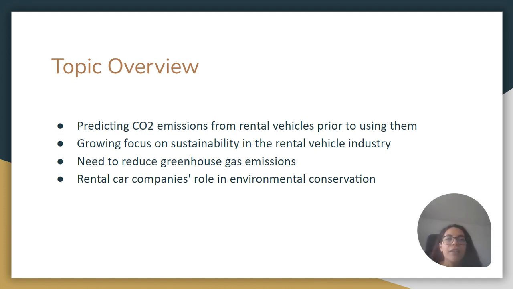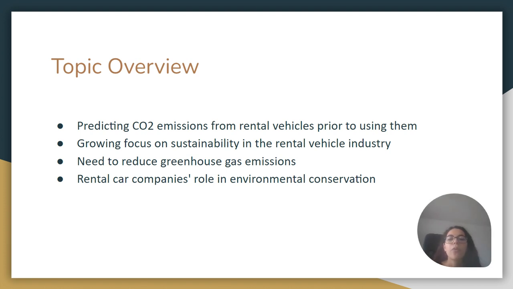If you are a client, you go to our website and you fill in the form with your information, for instance your name, the rental period, the pickup station, the return station, your place of work, your home address, etc. Based on this information, we're going to make a prediction of CO2 emissions before you actually use the vehicle. So this is the idea here.